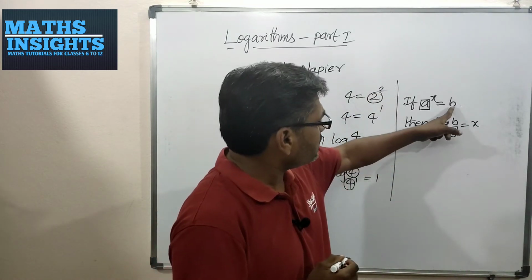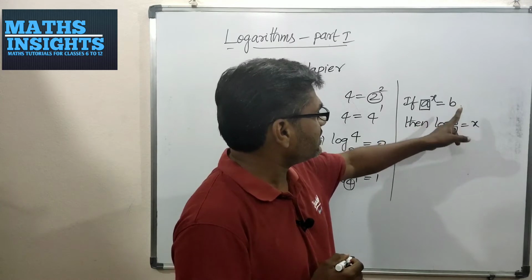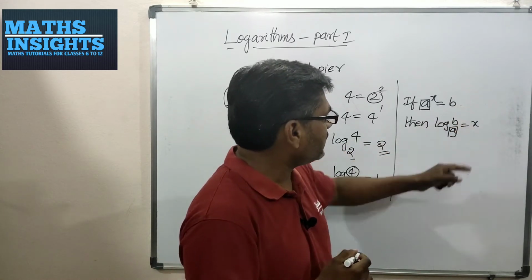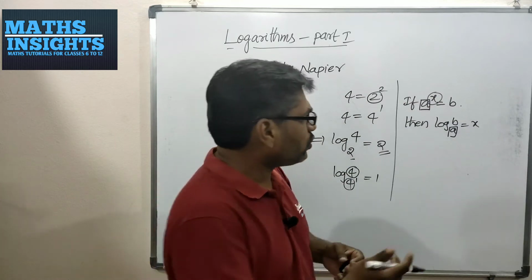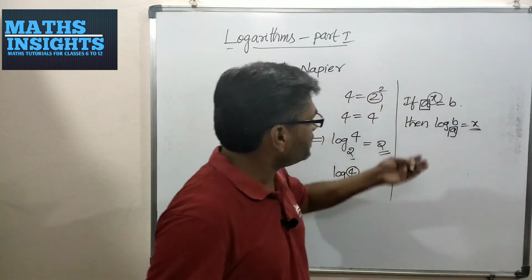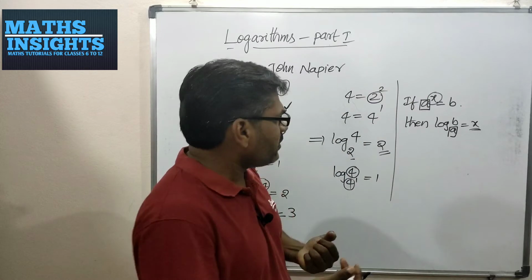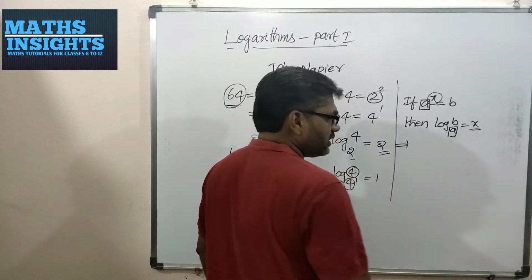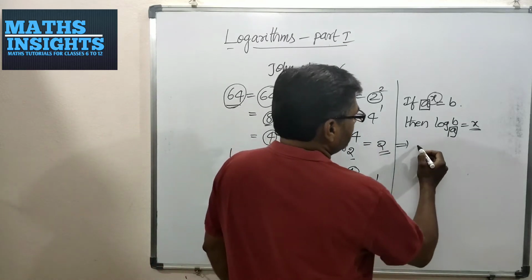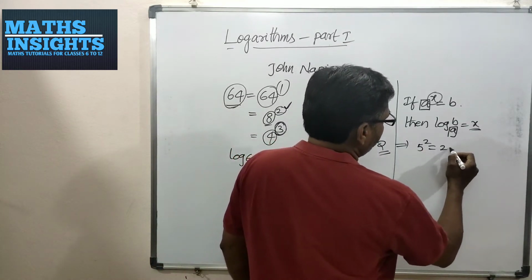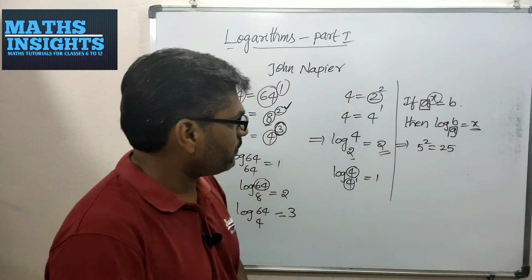You are going to find the logarithm of this number b. So I am writing here whatever the power, that is the log, which is x here. I am writing some numbers again to have better understanding. So 5 square is equal to 25. This is the exponential form.